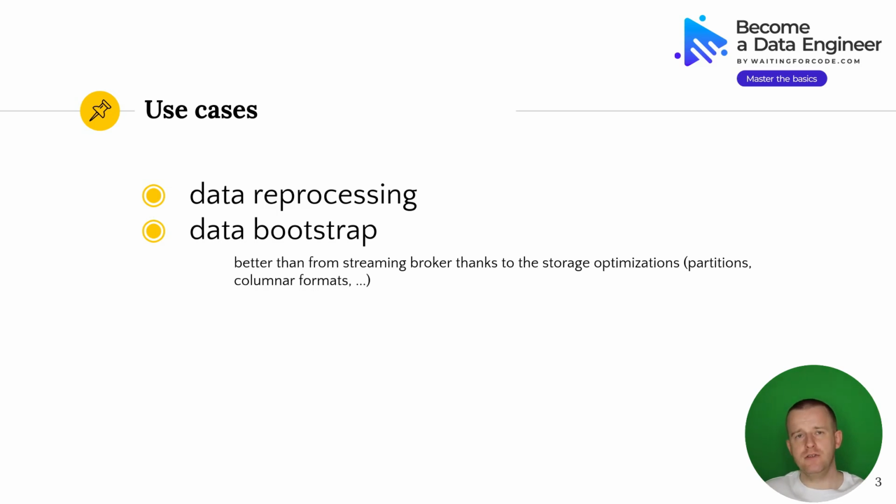The partitions do not necessarily have to be time-based; they can be based on other business attributes, like for example the country of the customers or the country of your stores. But generally, the event time is the most common attribute for partitioning.